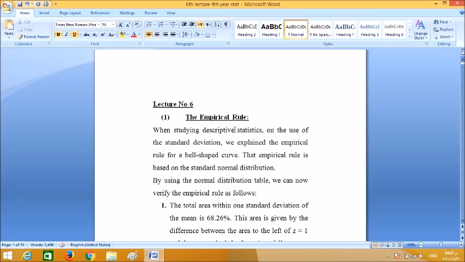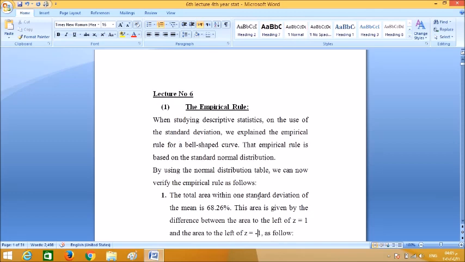The empirical rule, as we studied before, applies to the bell-shaped curve. This empirical rule is based on the standard normal distribution. So we can verify the empirical rule as follows. Look at this.